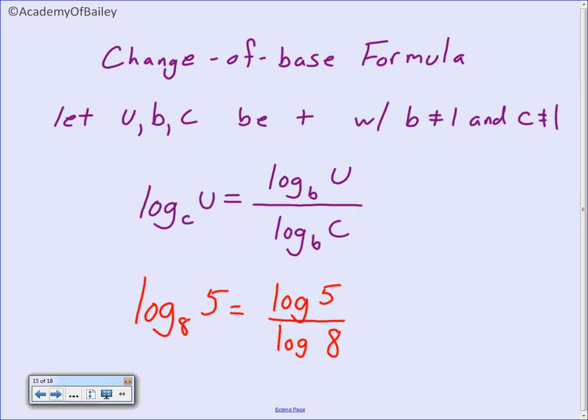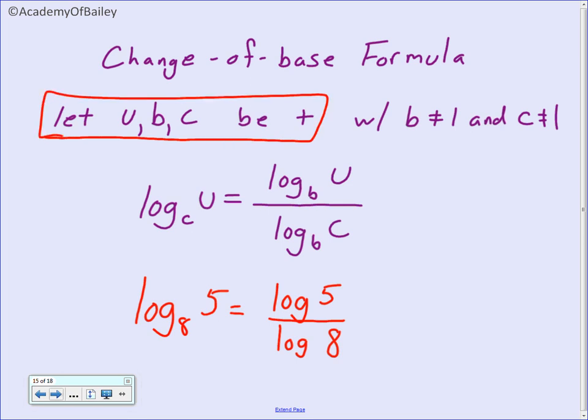Okay, and your last property is the change of base formula. This change of base formula is going to be really helpful in doing some calculations. So remember, we want to let u, b, and c be positive, and we want b and c to not be 1. So if we look here, this says log base c of u is equal to log base b of u divided by log base b of c.